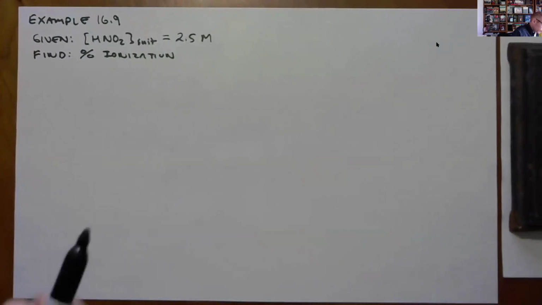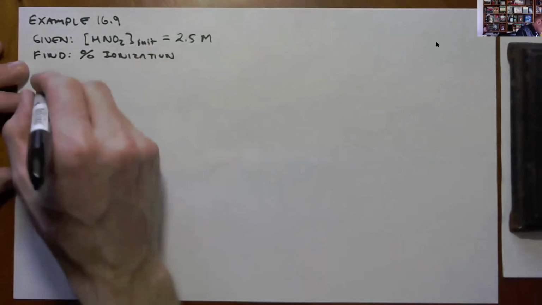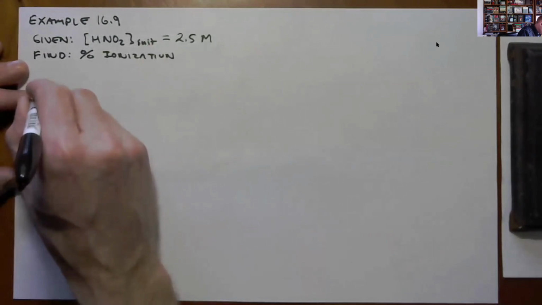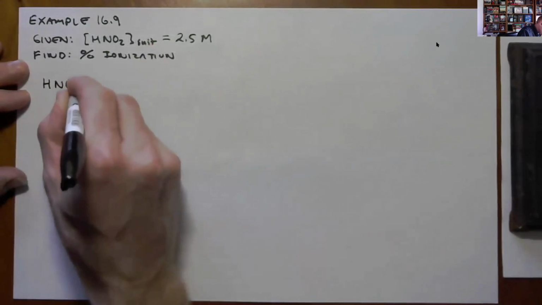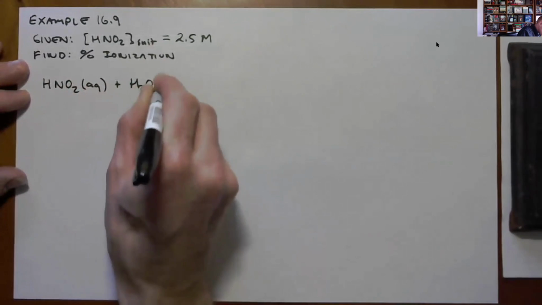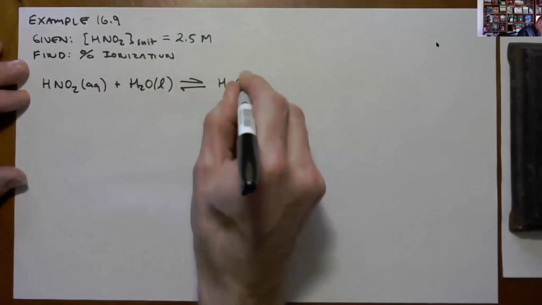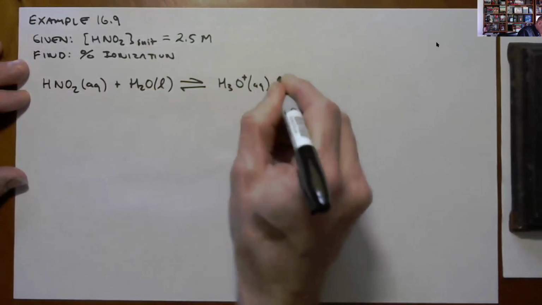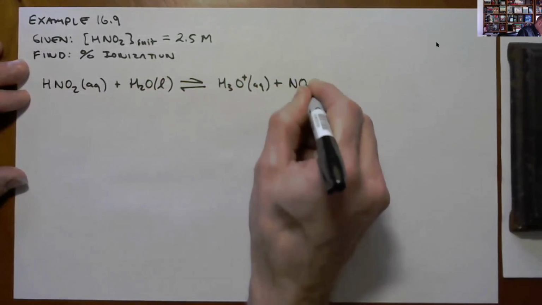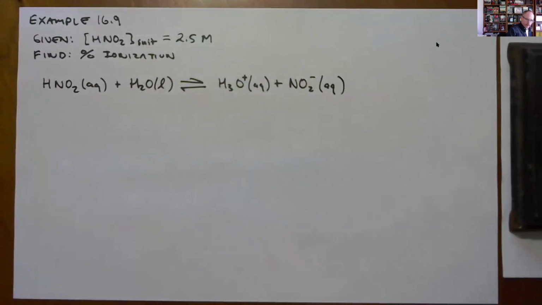So example 16.9, we're given some initial concentration of nitrous acid. Hey, where have we seen that before? So again, let's recall the chemistry of this. Some nitrite in solution. So where have we seen this problem?